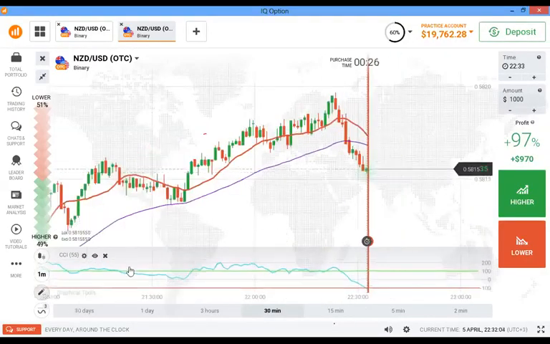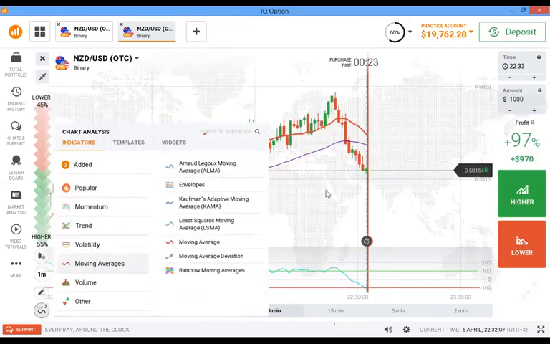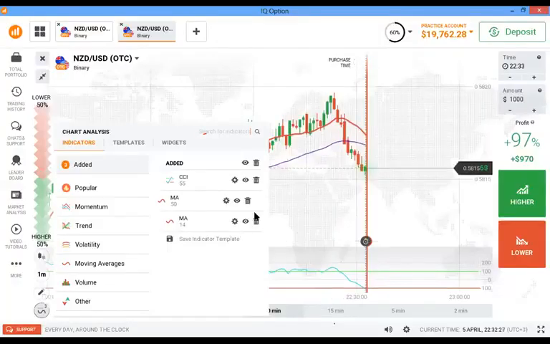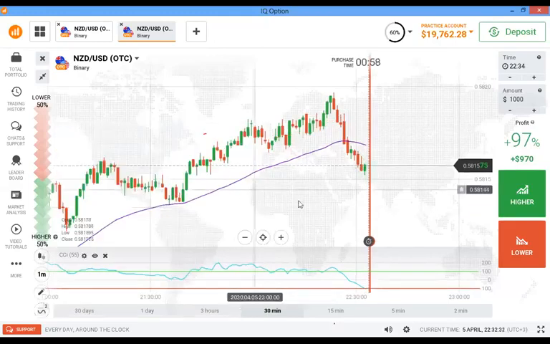Okay, this is the EMA 50. Then I make it thicker. Okay, this is how it works.